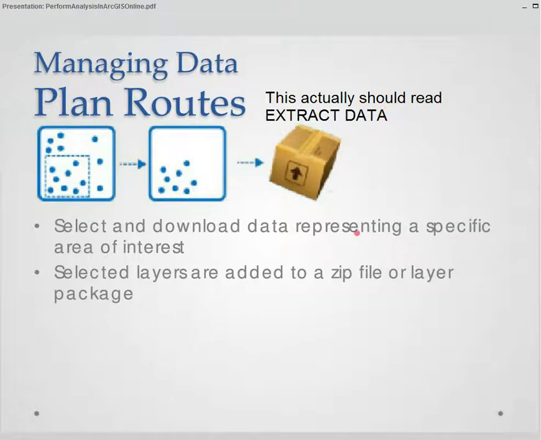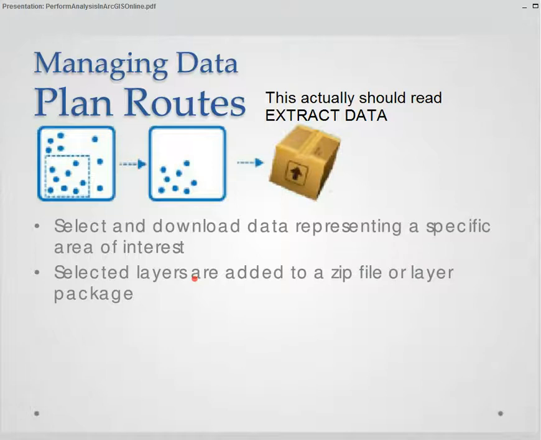Okay, there you are. So in this case, just like what I did, I said, just give me those for Yavapai County. Your selected layers are either added to a zip file or a layer package. If you get a layer package, when you open that layer package in Arc Catalog, you'll have the option of adding it to a map document.